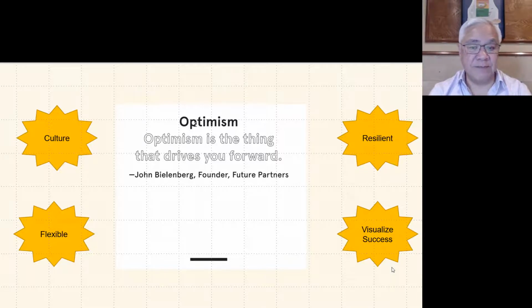And then be flexible. Optimism also means that as things go, you need to be adaptive to what's going on and have flexibility. And visualize success. This is perhaps a sports analogy, but it's a good one. It's been proven in psychology that if you visualize the future, you're more likely to hit that goal, whatever you visualize.